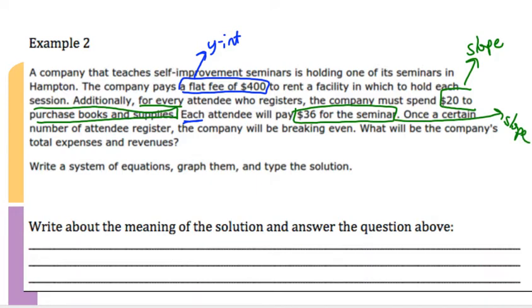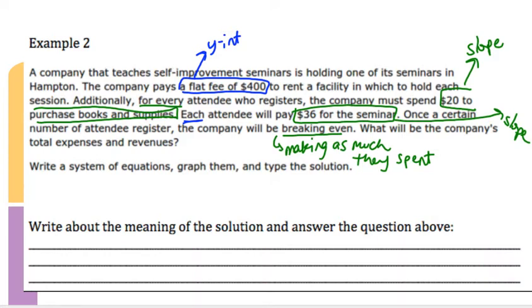So now once a certain number of attendees register, the company will be breaking even. So that means they're making as much as they spent. What will be the company's total expenses and revenues?